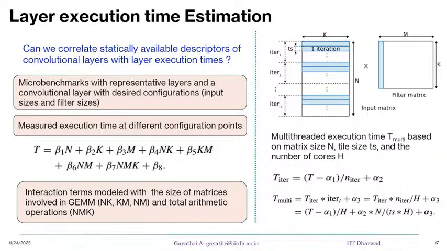This tile size depends on the cache capacity of your hardware and so forth. Based on this tile size TS, you divide your input into so many iterations, and these iterations are mapped to one thread and executed sequentially in that thread, but all the threads run in parallel.